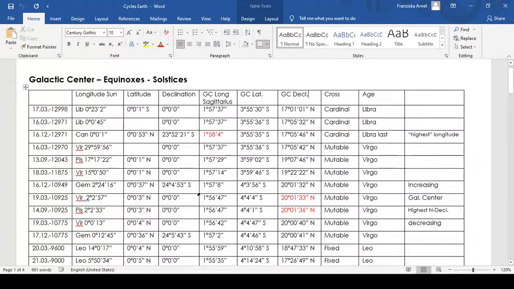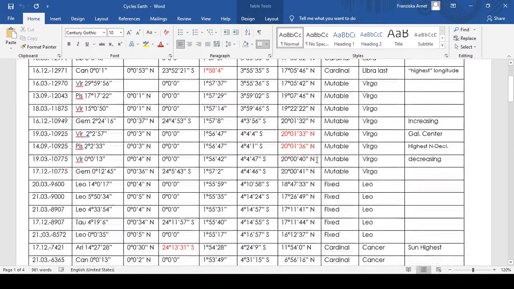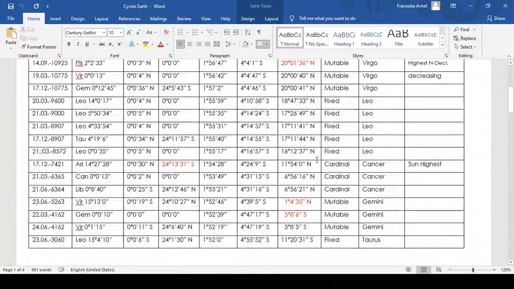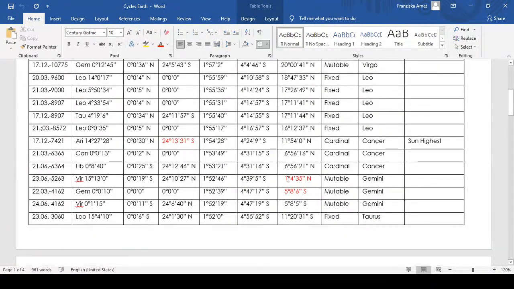And the sun moves within the year from south to north and south to north within a year, right? But we don't have that with the galactic center. It stays north or south for thousands of years. So we can see here it then changed.